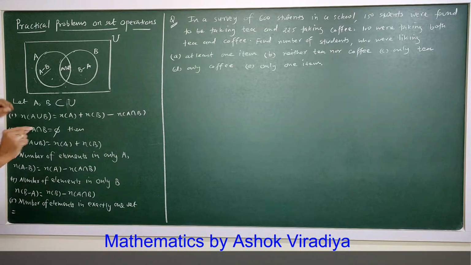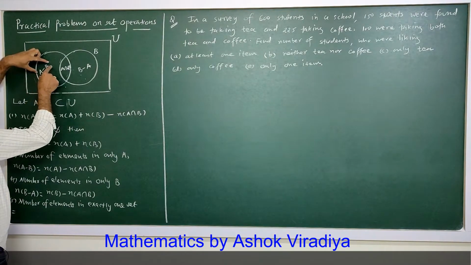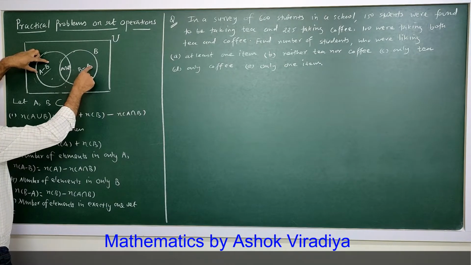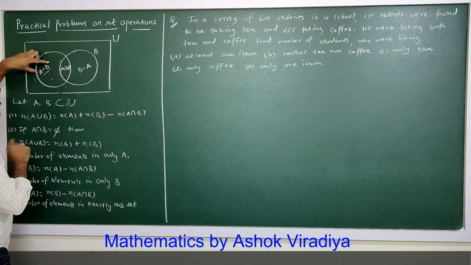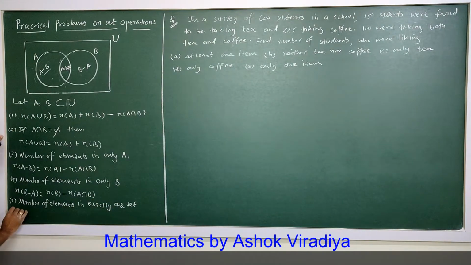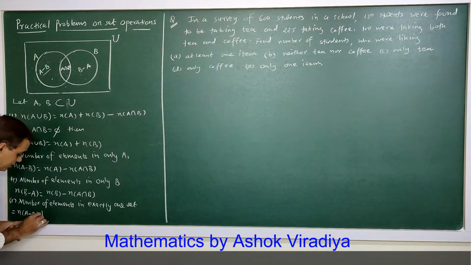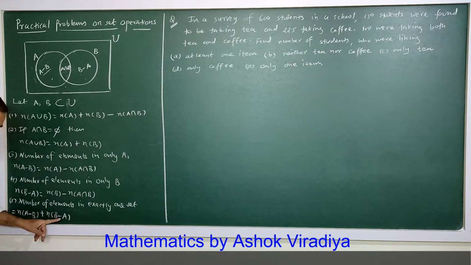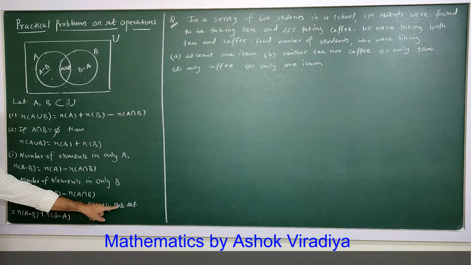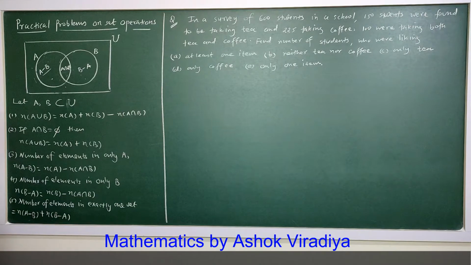That means element is either in A minus B or in B minus A, but not common. So this can be expressed as number of elements in only A plus number of elements in only B, it means only one set.